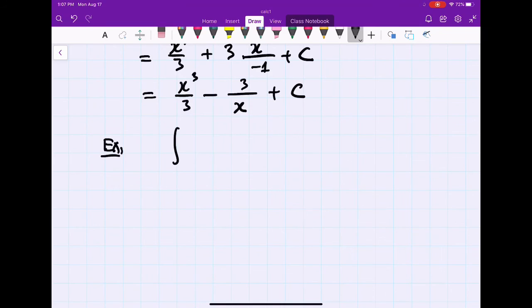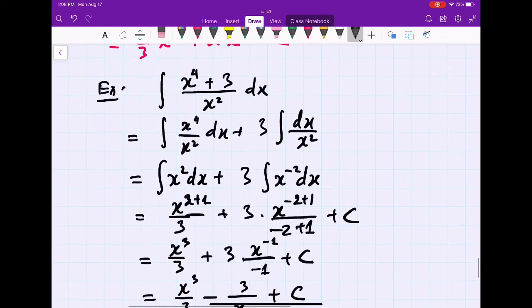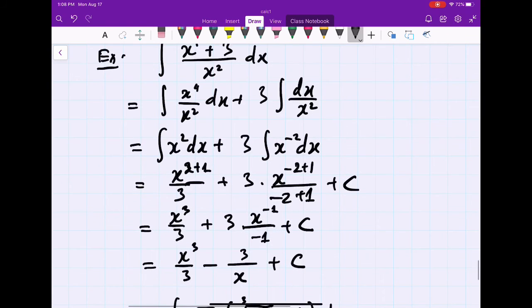Let's find the antiderivative of the function square root of x times (cube root of x plus 1) dx. So now you have a product. In the previous example, you had a quotient, and you broke that into two functions because we don't have any quotient rule for integrals. Don't forget that.